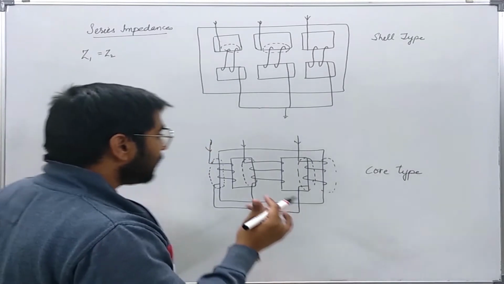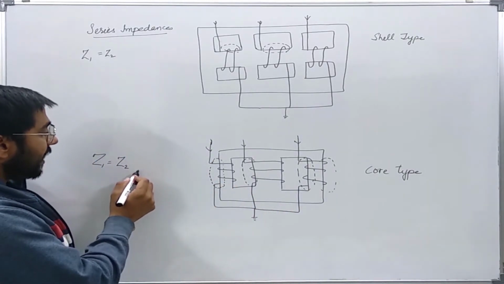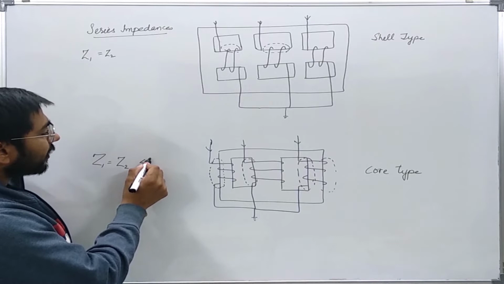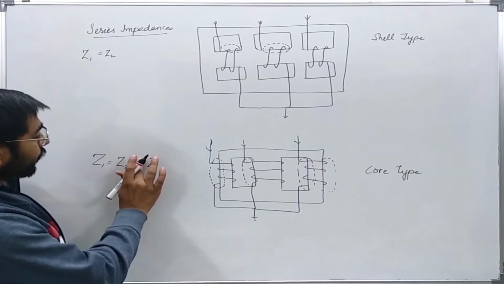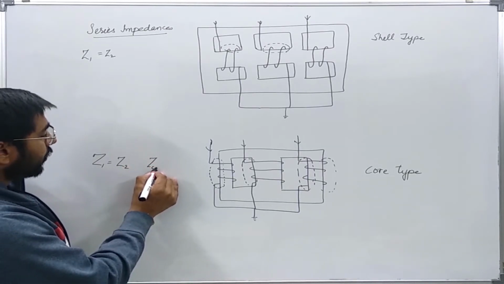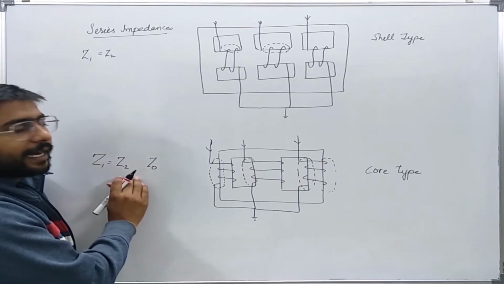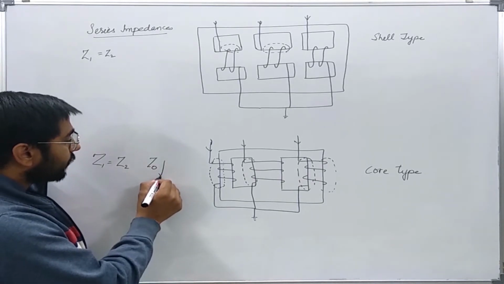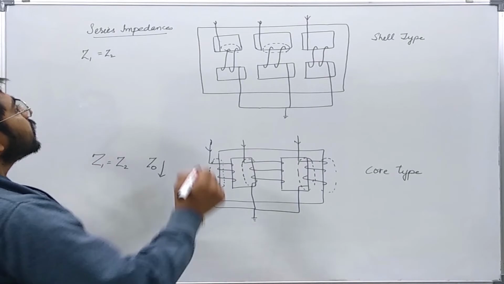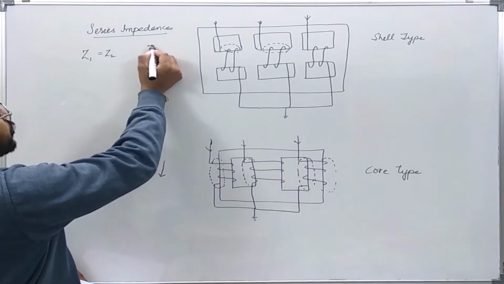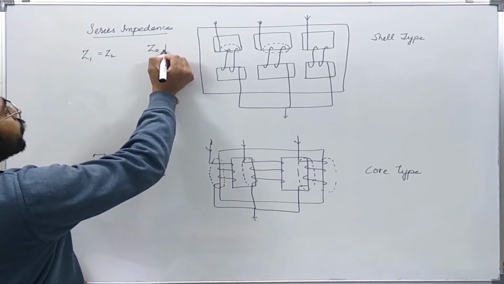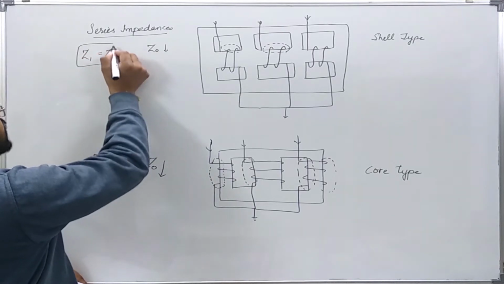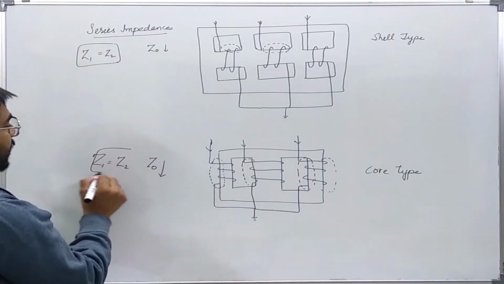So because of this, the zero sequence impedance is a little lower than the positive sequence and the negative sequence, that is, this is lower. Similarly, this zero sequence impedance is a little lower as compared to these two types of impedances.